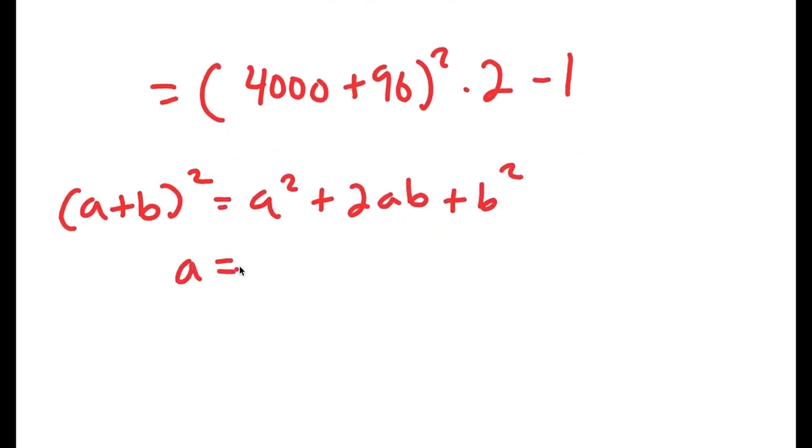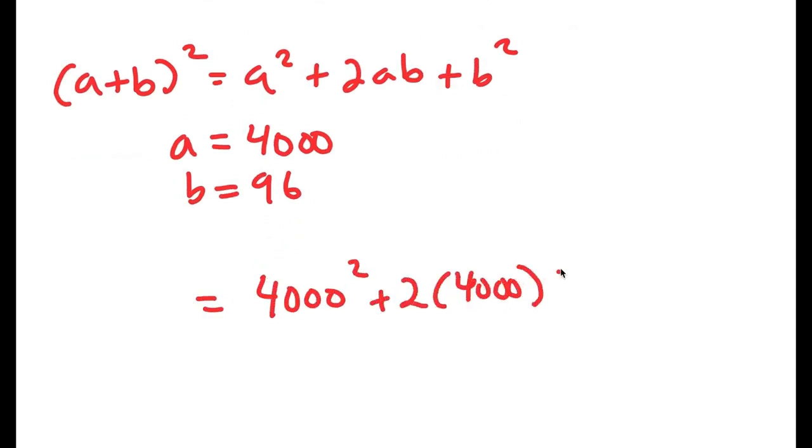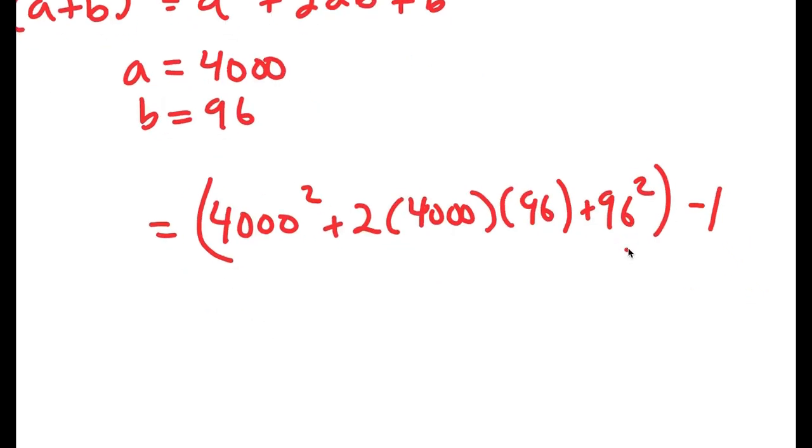So in this case, a is 4000 and b is 96. So this turns into 4000 squared plus 2 times 4,000 times 96 plus 96 squared. Oh, sorry, all of this times 2 minus 1.